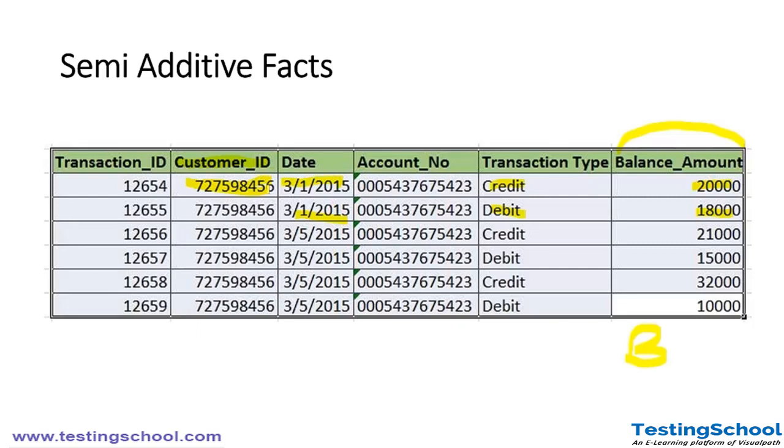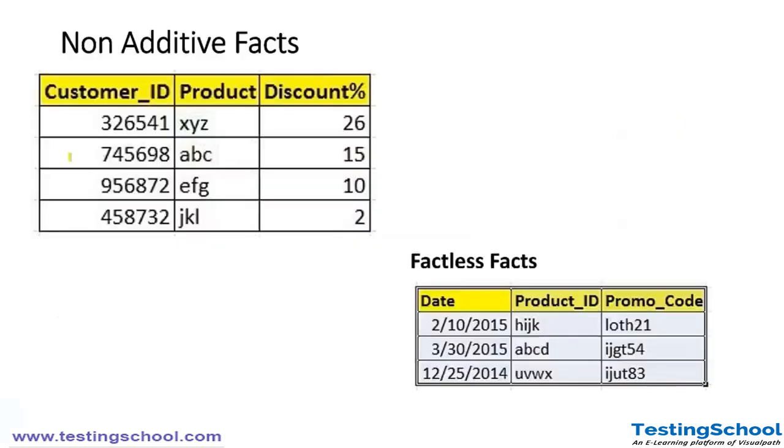So semi-additive facts are the ones which comprise dimensions and the measure information, and the facts are summed up with respect to some of the dimensions and cannot be summed up with other dimensions like your account number, transaction type, date, or the transaction ID in this specific example, right? So that's about semi-additive facts.